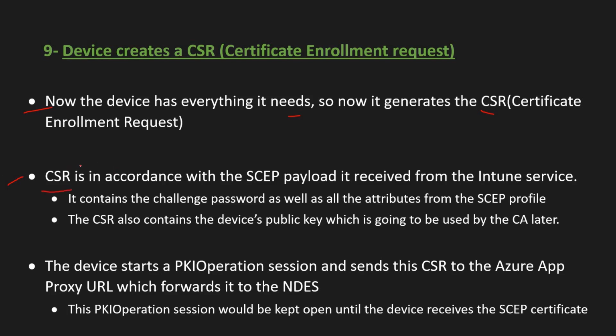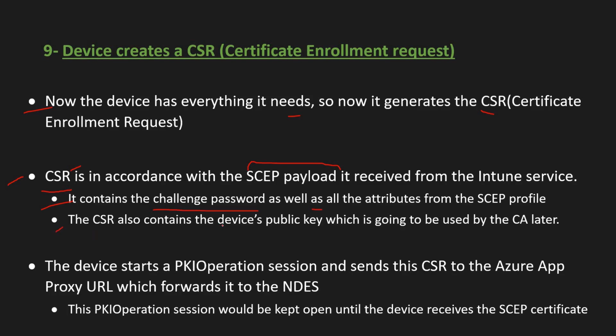The CSR that is created is in accordance with the SCEP payload. So everything that was in the SCEP profile is in the CSR, which is the common name or the subject name, subject alternative name, the key usage, and all that information. It also contains the challenge password, which was provided to the device by the Intune service, as well as other attributes.